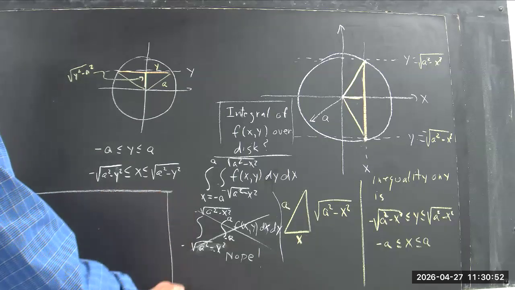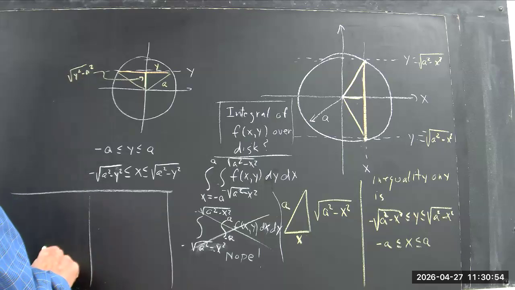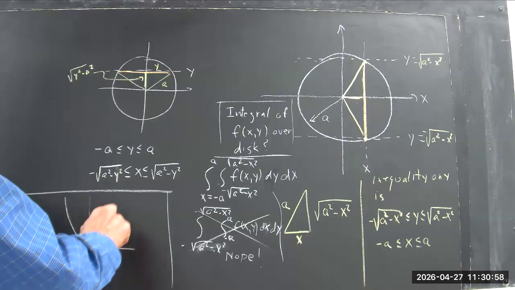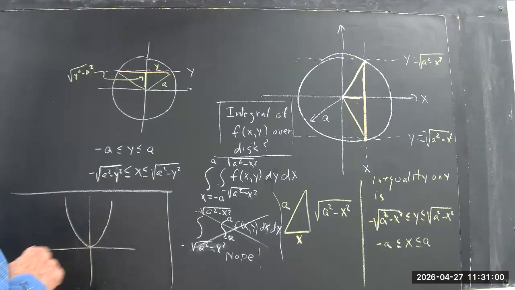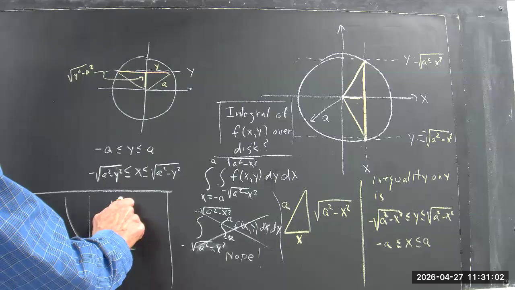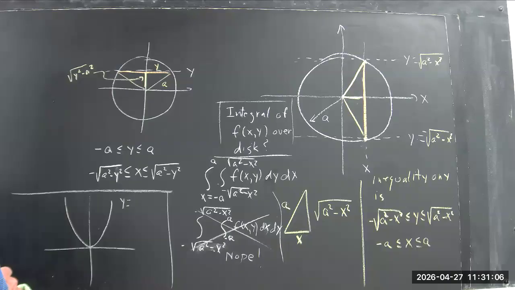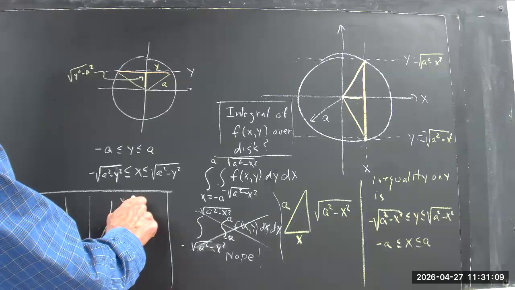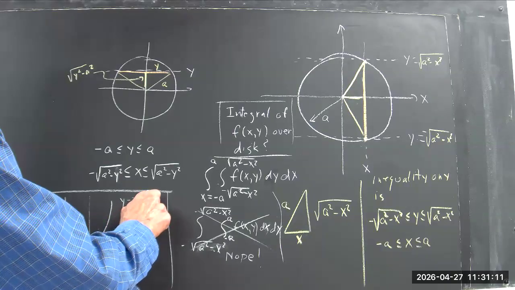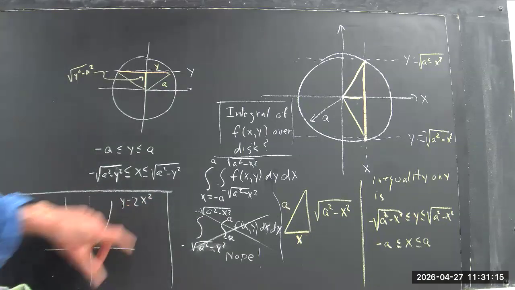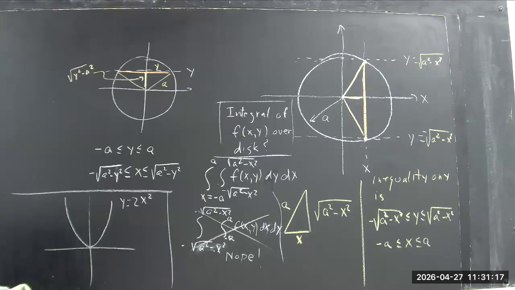Now, say that they have the function y equals 2x squared.